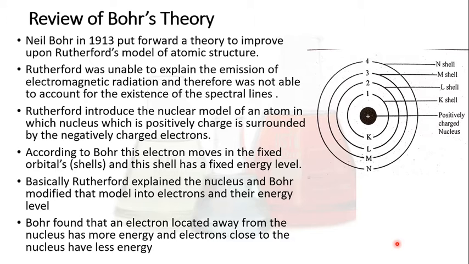So what is Rutherford's model of atomic structure? Rutherford put forward that there is a nucleus in an atom and the negatively charged particles move around that positively charged nucleus. But Rutherford was unable to explain the emission of electromagnetic radiation and therefore was not able to account for the existence of spectral lines.